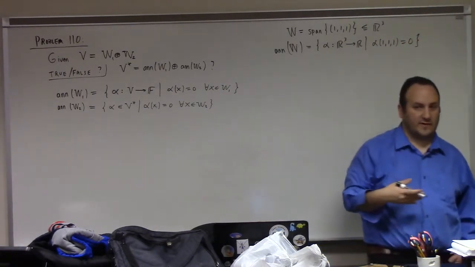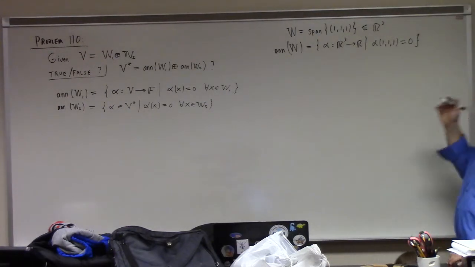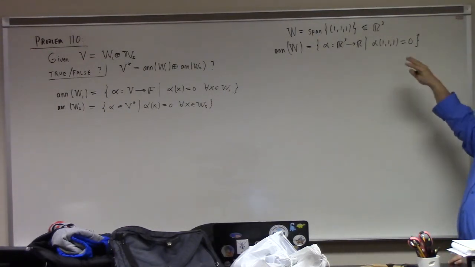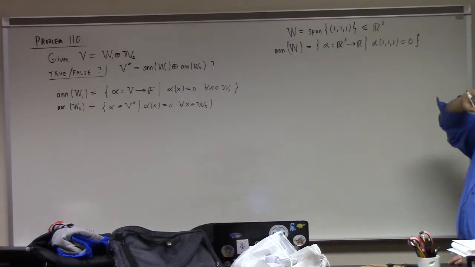I'm not going over the proof right now. I'm showing you why I know that we should try to prove it's true. So a specific example of an annihilator would be this. If I take, that's like the z-axis, right? What's the annihilator of the z-axis?